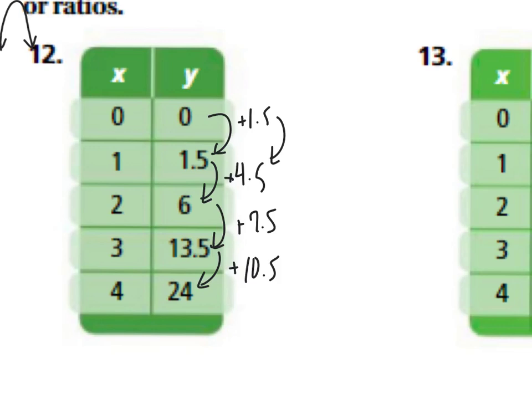And now if you look at these, that goes up by 3, goes up by 3, goes up by 3. So the second differences are all the same, which makes that quadratic for number 12.